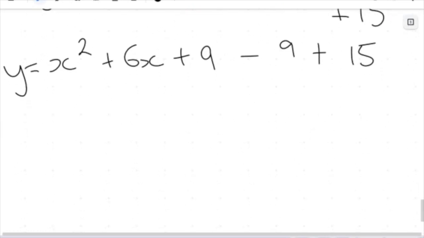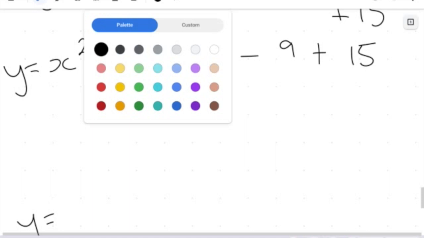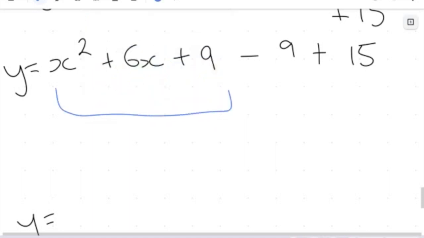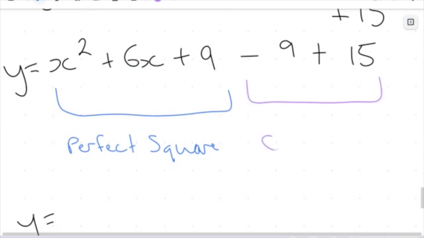Okay, and just simplifying that, if we notice, I have my perfect square. Once again, this is going to factorize to give me a perfect square. And over here are my constants.